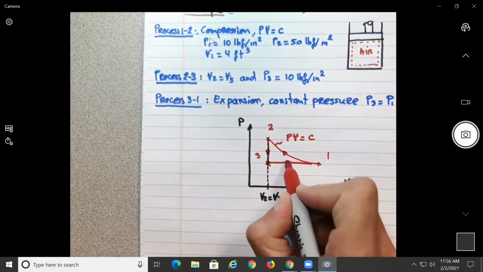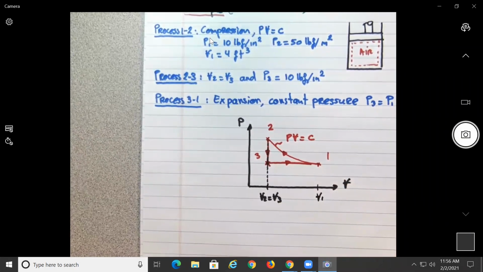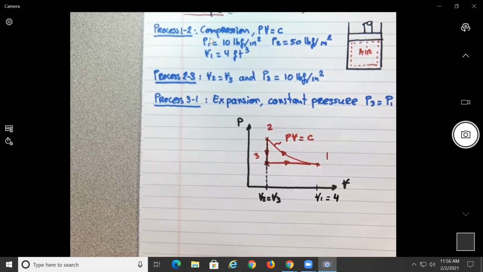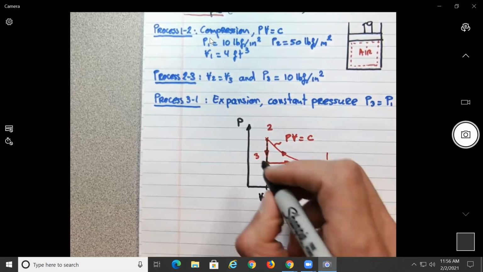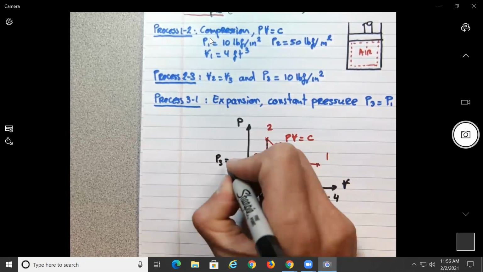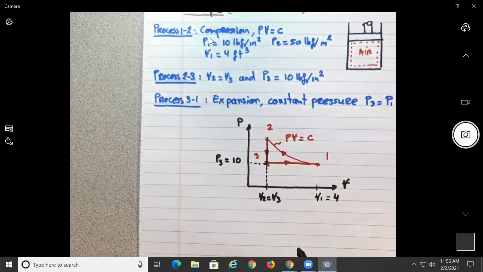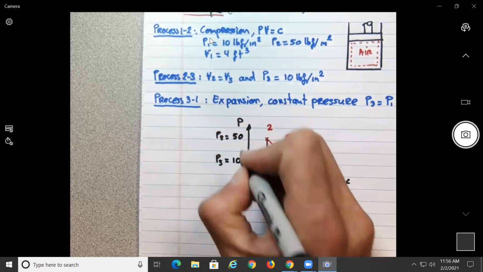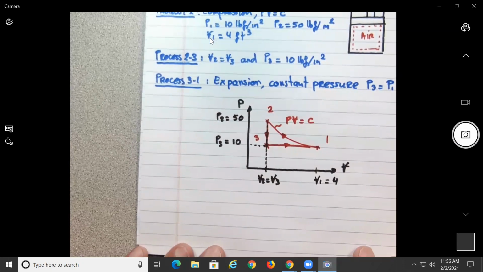And this one, there is no choice to close the process, will be here. So what do we know here? V1 equal to 4. P3 equal to 10. Okay. P2 equal to 50.